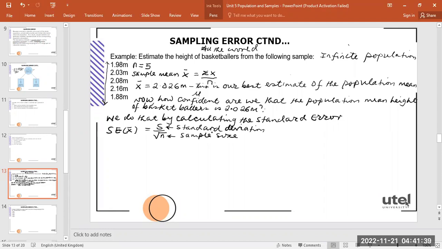And how do you calculate the standard deviation? We did that in our fourth lecture, when we were calculating measures of dispersion.